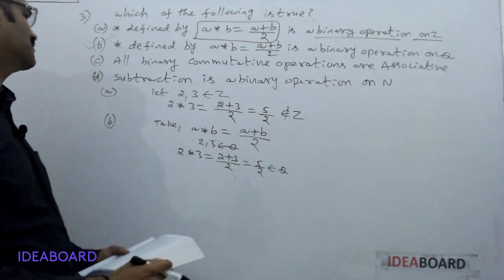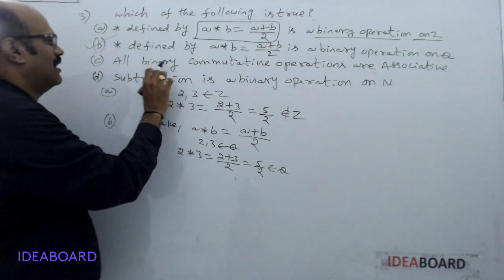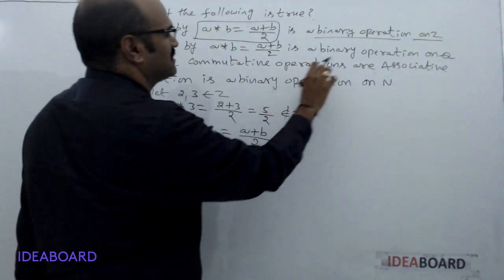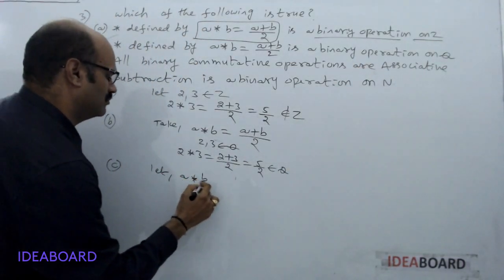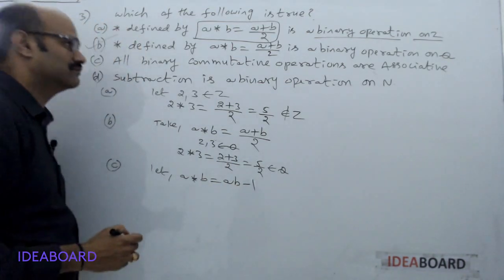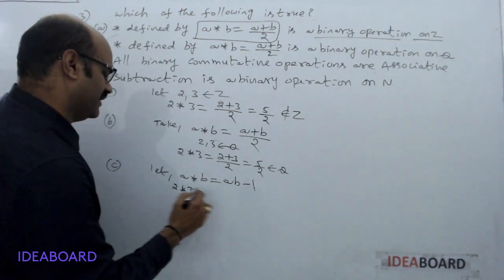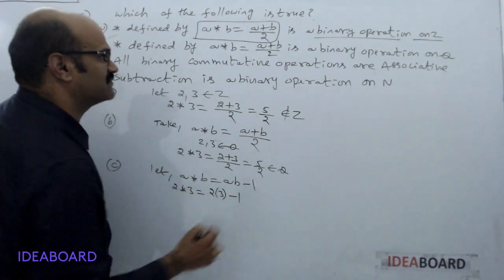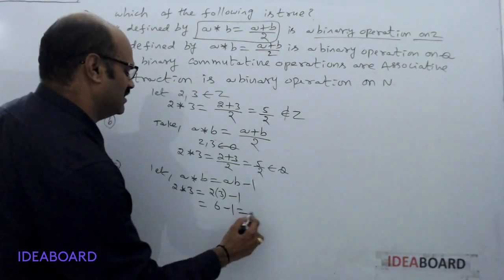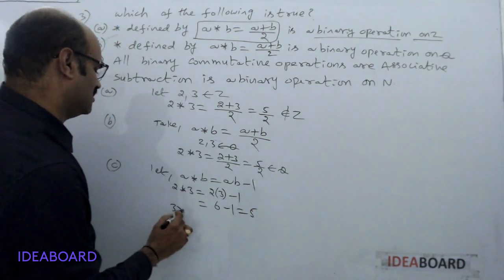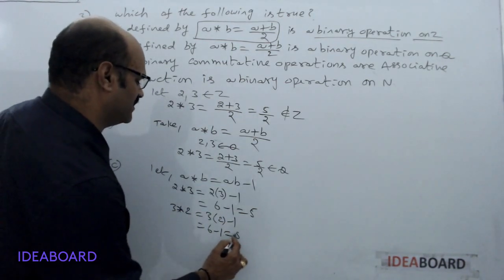Now let us verify the third option also. All binary commutative operations are associative. Let a star b equal to ab minus 1. Clearly it is commutative. 2 star 3 equal to 2 into 3 minus 1, 6 minus 1 equal to 5. 3 star 2 equal to 3 into 2 minus 1 equal to 6 minus 1 equal to 5.